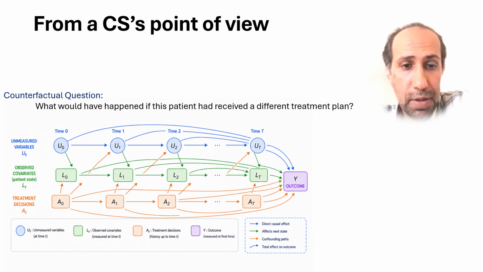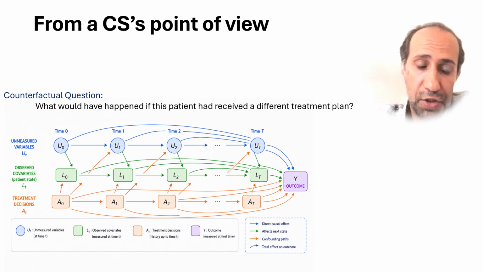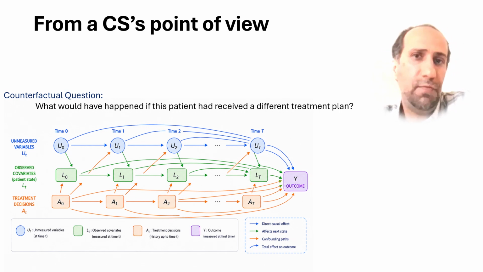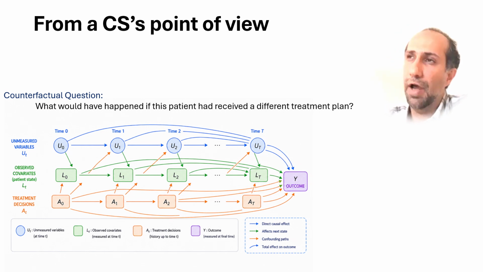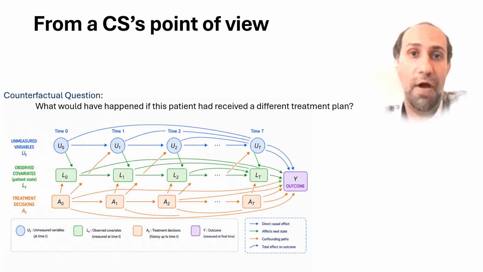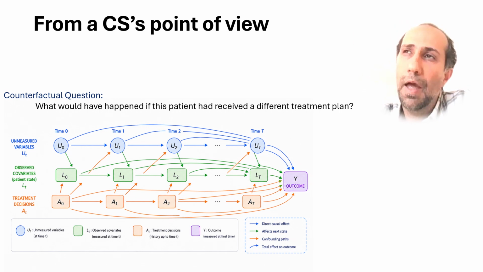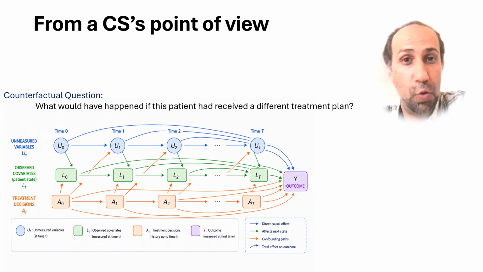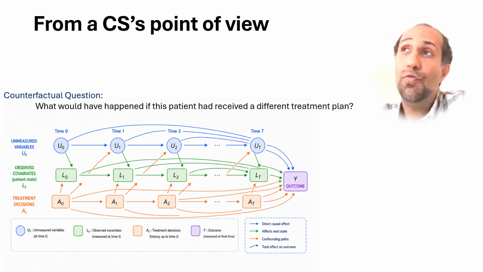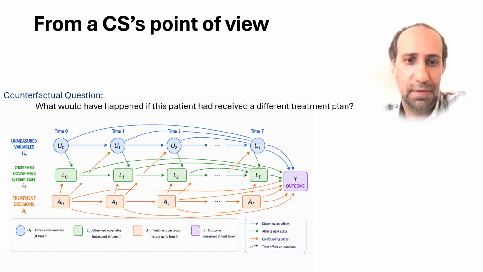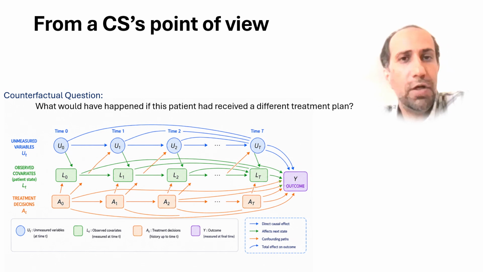And U indicates unmeasured variables. In the causal graph, we have some hidden variables that have a causal effect on the outcome. We need to model this. It's a very complicated graph.